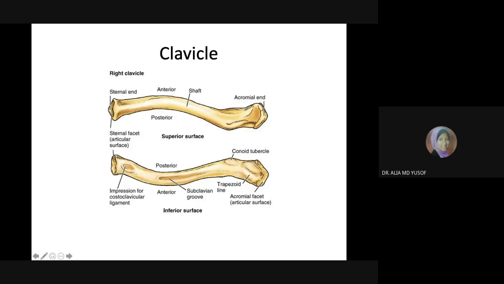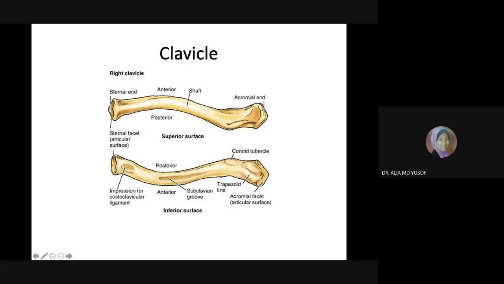anteriorly, you can see that the surface of the clavicle is smooth. Okay, smooth. Dia tidak ada lekukan, bonjolan ataupun groove, bahagian-bahagian yang kasar. So kita panggil smooth surface.